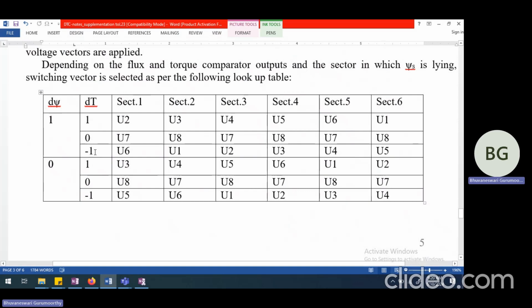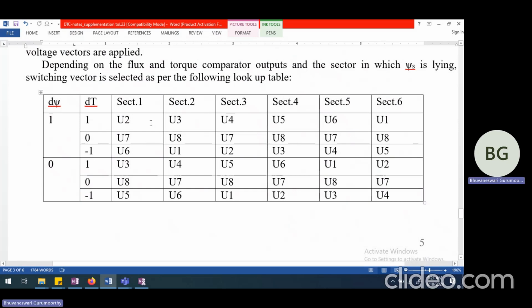And if we are looking at flux error is positive, whereas torque error is negative, then we should be applying voltage vector 6, that is 456 or 561. We have to apply 561.